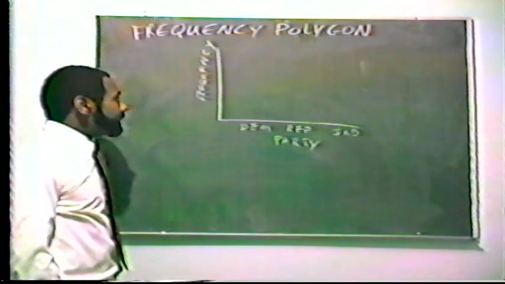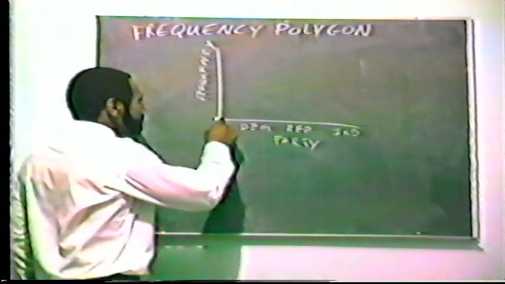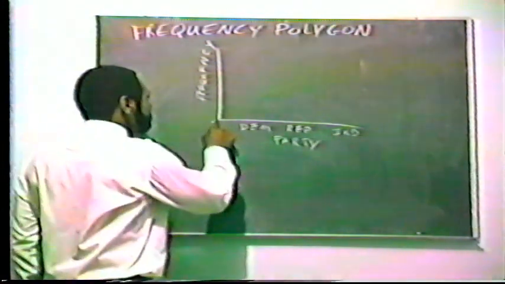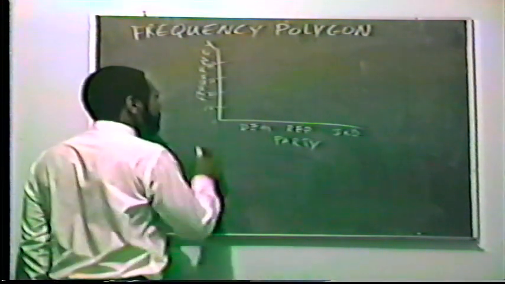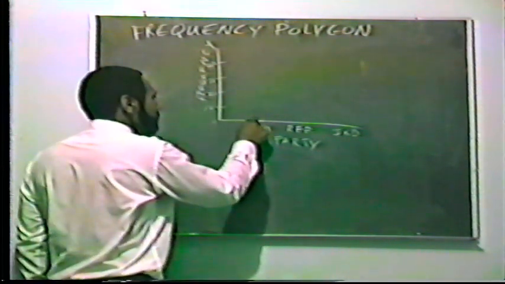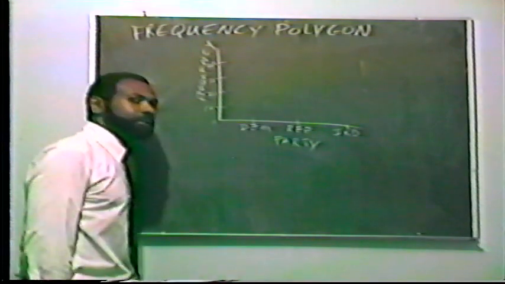Now, instead of making bars like we did before, we would write the same scale that we had before, 10, 20, 30, 40, and there would be a notch here at the Democratic, a notch there at the Republican, a notch at the Independents.